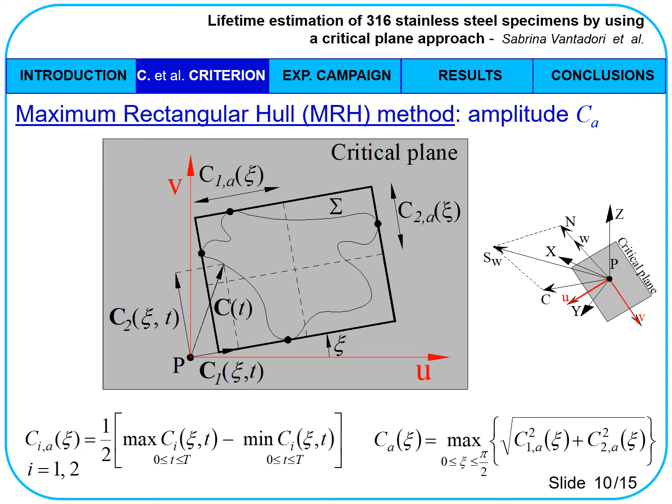For the rectangular hull with the orientation xc, the hull values of such sides can be computed as reported in the equation on the left-hand side. According to the method, CA is defined as the shear stress amplitude value which maximizes the equation reported on the right-hand side.